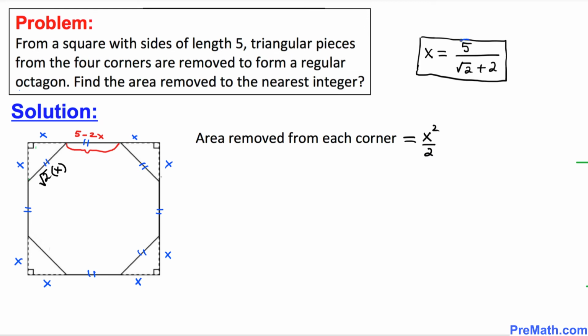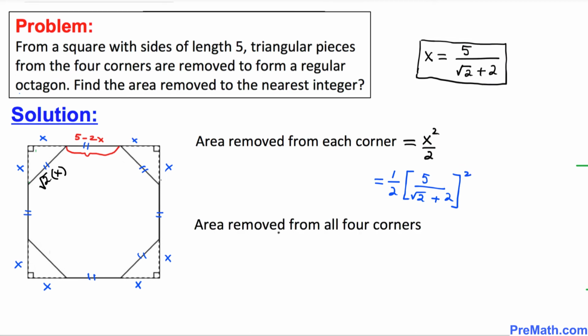But we know the numeric value of x, so I'm going to replace x here. This is equal to 1 over 2 times 5 divided by square root of 2 plus 2, all squared.